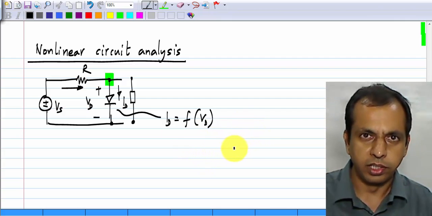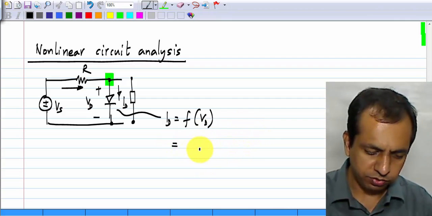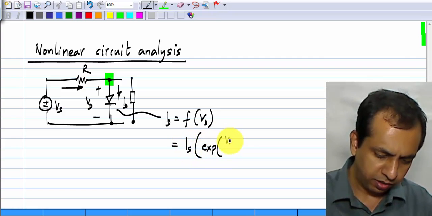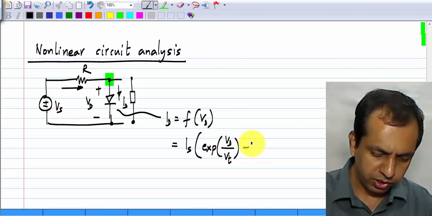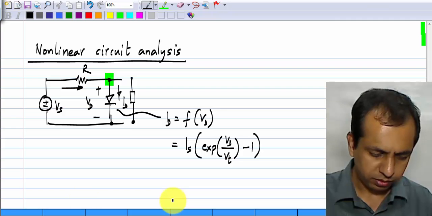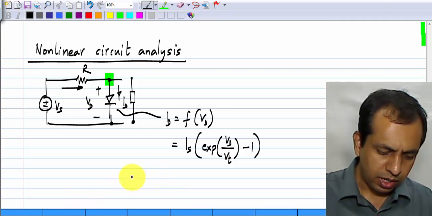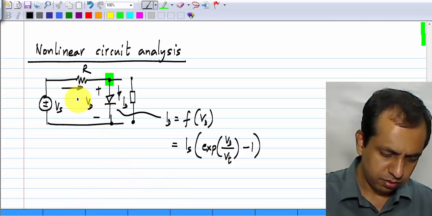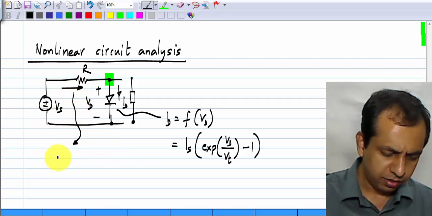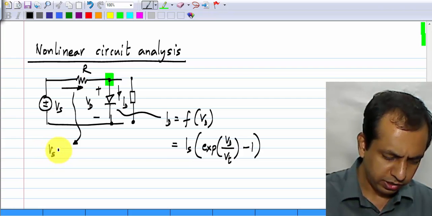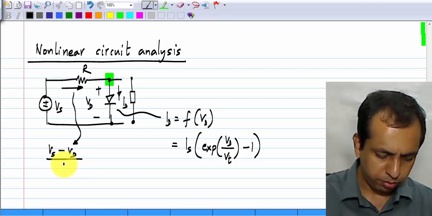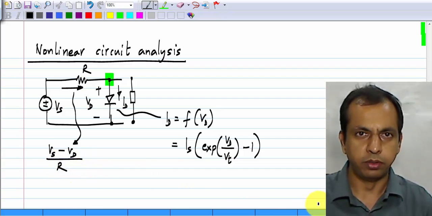This is the general case for any nonlinear element, and in the case of the diode, it is Is exponential VD by the thermal voltage minus 1. And the current in the resistor R equals Vs minus Vd, which is the voltage across the resistor, divided by the resistance value.